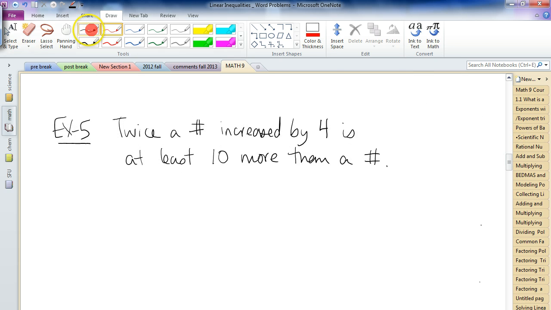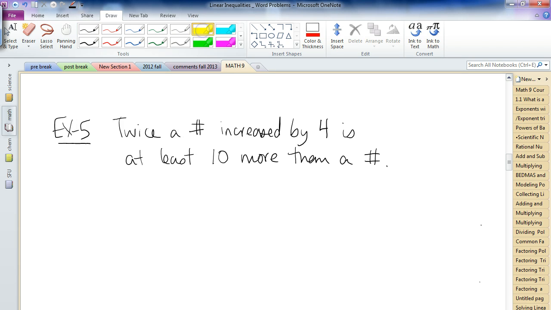Word problems. I advertised word problems. You're thinking, where are these word problems? Here they are. So, little refresher. Twice a number increased by 4 is at least 10 more than a number. What's the number that we're talking about here?